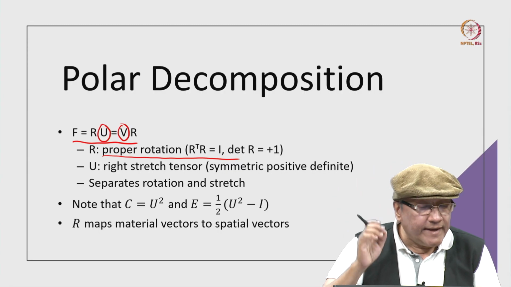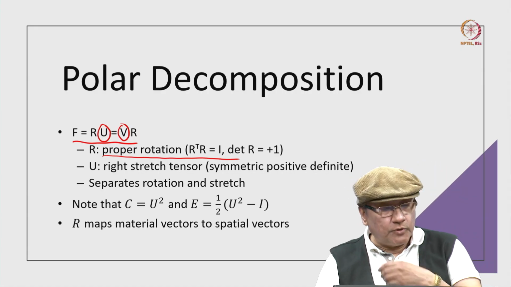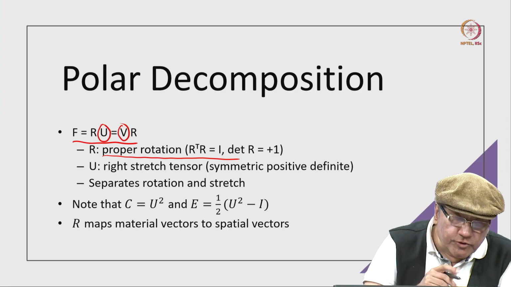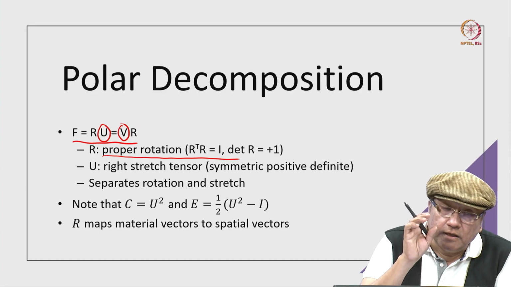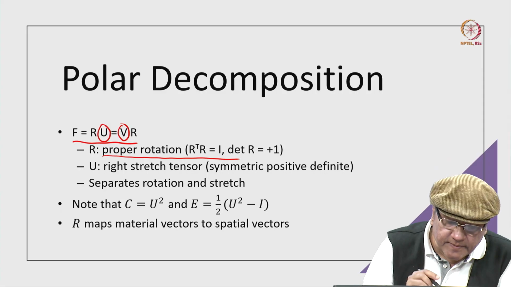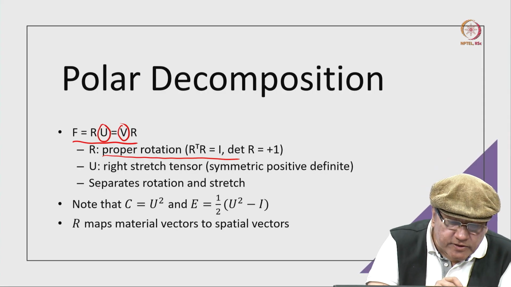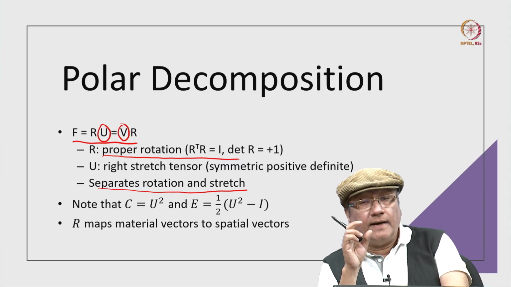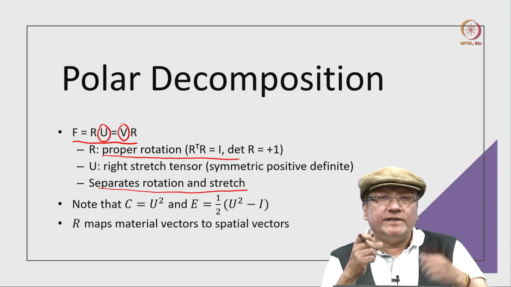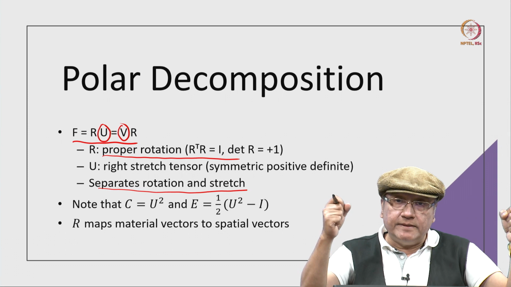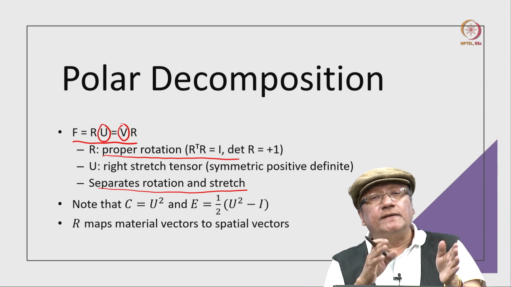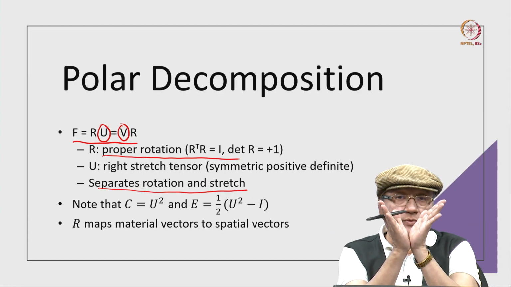So why do you do this kind of polar decomposition? The reason is that we separate, in the process, two effects of local deformation in an infinitesimal sense. We separate the effects of rotation and stretching. By stretching I mean not just stretching in the usual sense that you stretch a line and it becomes longer, but stretching here also includes the change of angle between two lines.